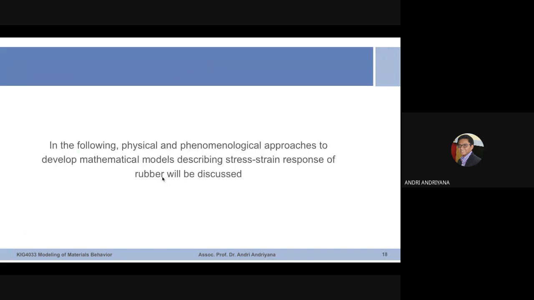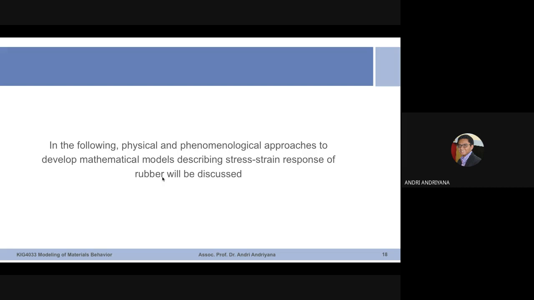Okay, so now we have seen the brief review on the microstructure and the basic stress-strain response of rubber. Our objective here is to develop mathematical stress-strain equations to describe the stress-strain characteristic of rubber, of elastomer, which are highly nonlinear.